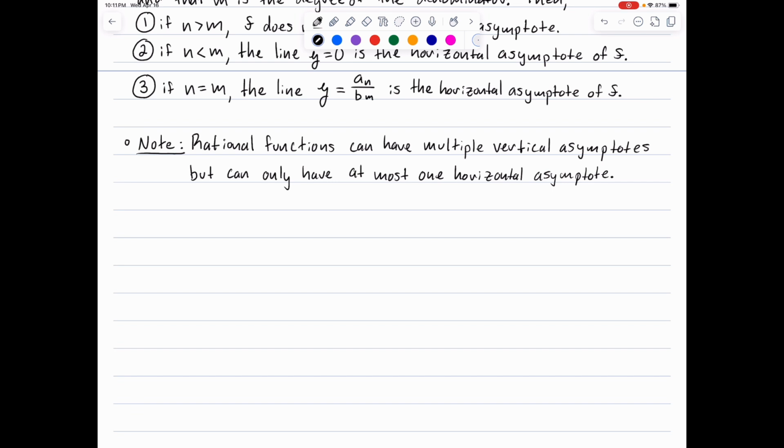So you can have multiple vertical asymptotes as we saw above, but you can only have either one or no horizontal asymptotes. So let's do an example.